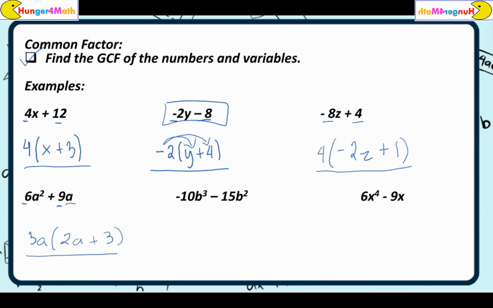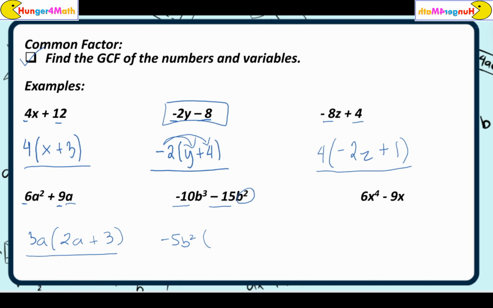Next, here we have negative 10b cubed and negative 15b squared. So the GCF is negative 5. And once again, since they have the same variable, we have to get the variable with the smallest exponent. So that will be negative 5b squared. Now let's divide.